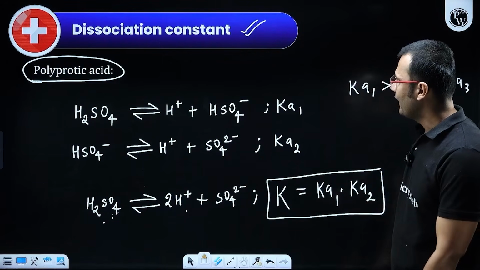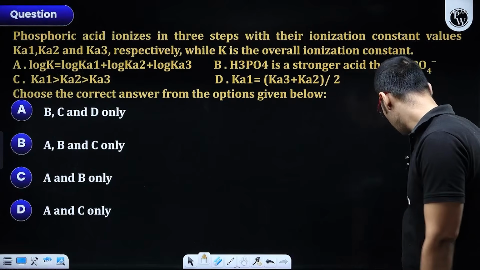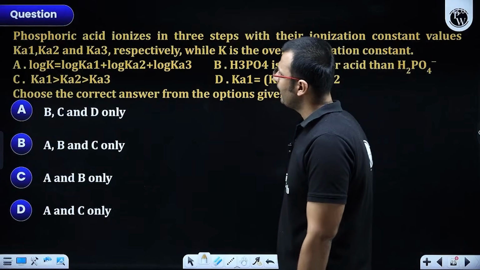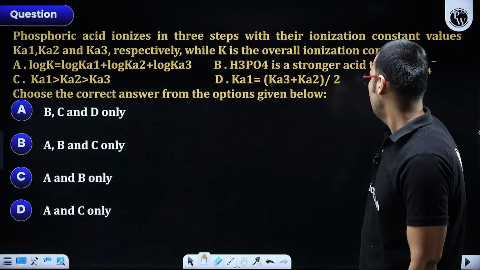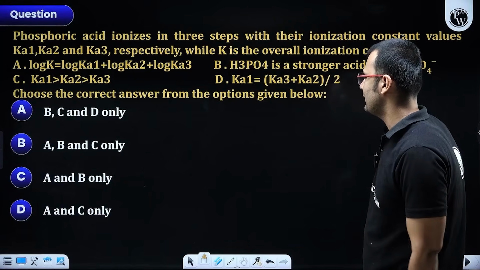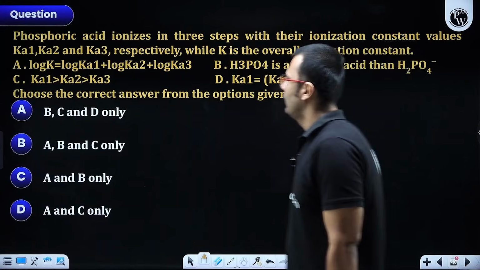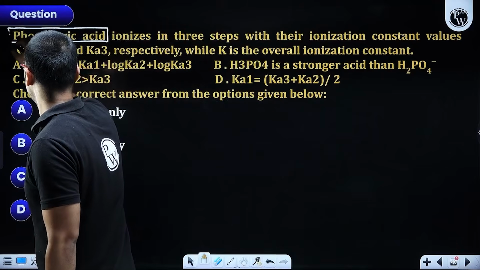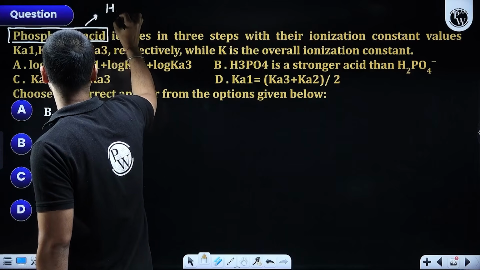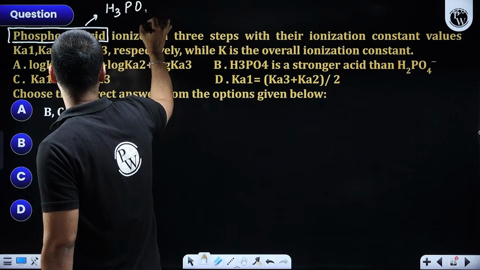Now, moving ahead, can we have a question? If you look at this problem, it looks like a question from polyprotic acid itself, right? Phosphoric acid. The formula of phosphoric acid, I think it's very common, H3PO4.